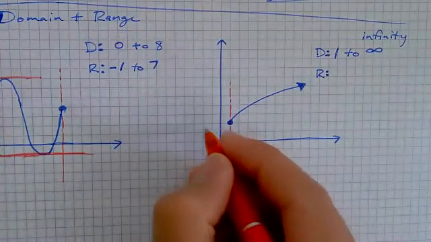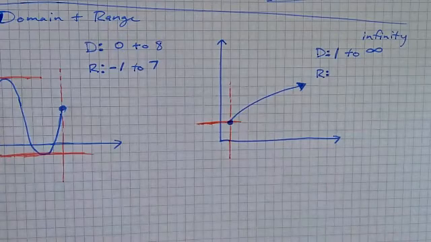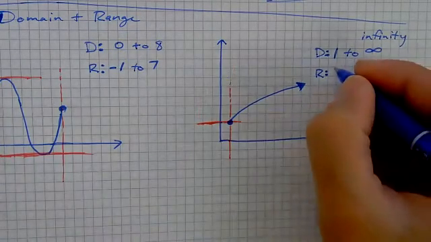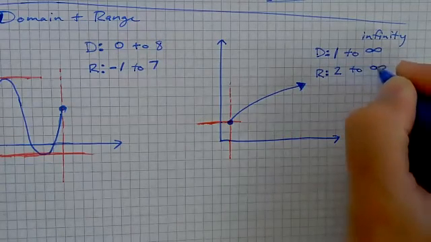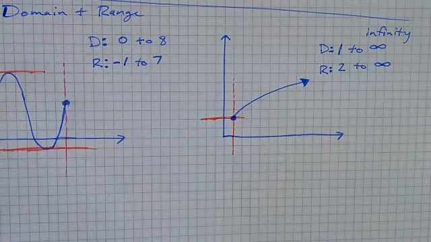Okay, so my range then, my lowest value is right there, where my y value is at 2, goes up forever. So that also goes to infinity.